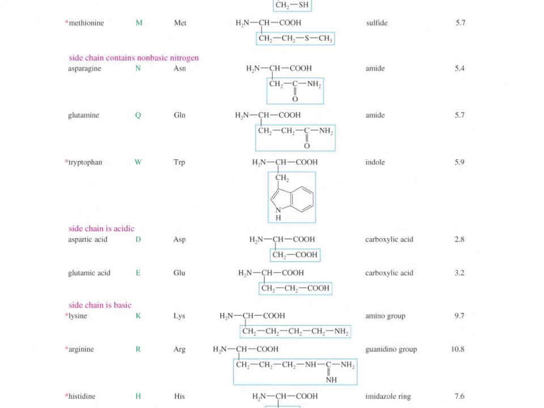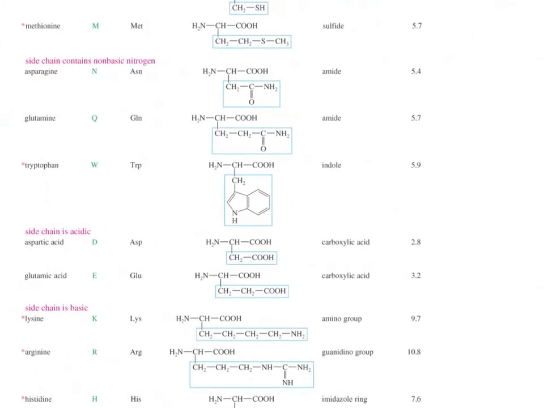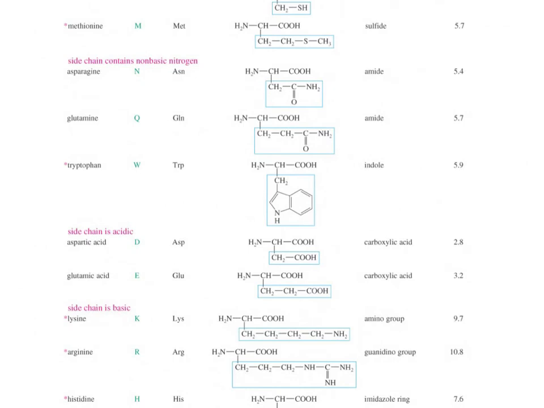And this list right here, the first thing it says is a side chain containing a non-basic nitrogen. So what we're looking at right here, let's get the pen, are side chains with nitrogen, but those nitrogens are non-basic. And if you look at them, can you guys see them? You see them okay?